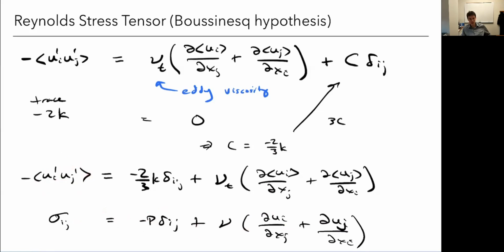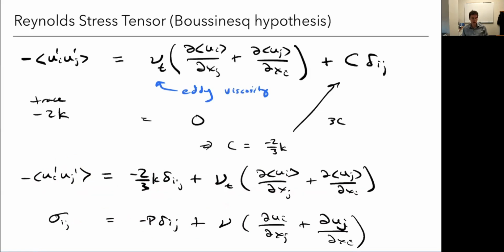Certainly it has the same units. So because it has the same units, we model it similarly to the stress tensor. It looks the same. But again, I have this new thing, which I don't actually know, so I need a model for that. And K is also potentially difficult to compute. So I could include that in my model.